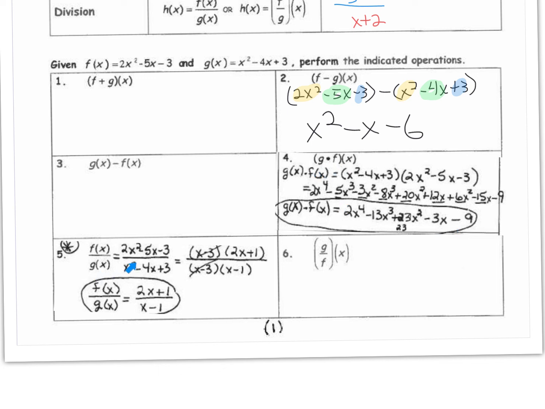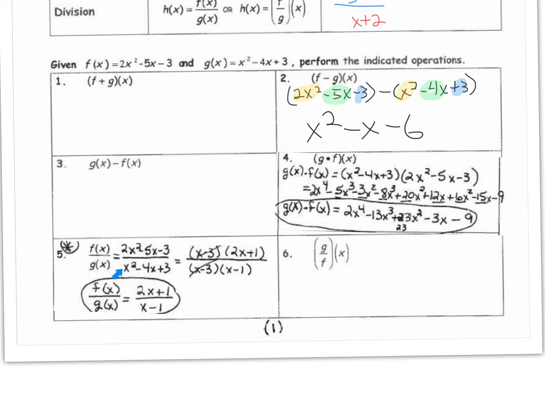Now, over here, the quotient or the division, f of x divided by g of x, we have this 2x squared minus 5x minus 3 divided by x squared minus 4x plus 3. We can factor this term right here. And when we factor that, we get these two binomials, x minus 3 times 2x plus 1. Again, if you did the FOIL method of these two binomials, you would get this trinomial.